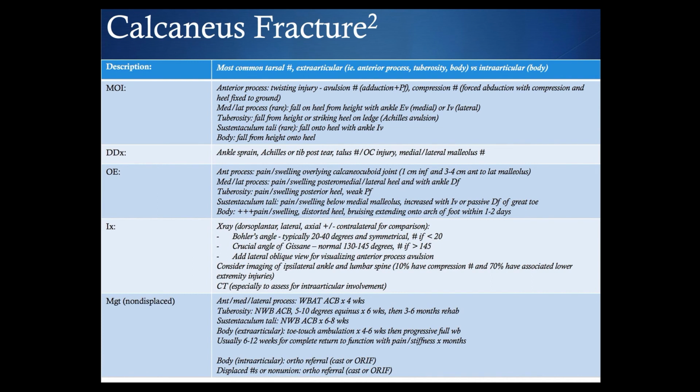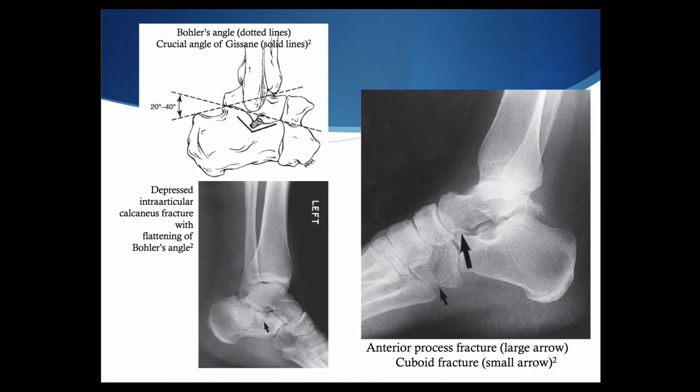And so your patient presenting with persistent lateral hindfoot pain after an injury such as this certainly has to be part of your differential as well. In reviewing the various calcaneal fractures, you'll see just different mechanisms of injury there. In particular, when we're looking at not missing a body fracture or intra-articular fracture, we look at two angles in particular, Bowler's angle and the crucial angle as well. And we can move to the next slide to review that here.